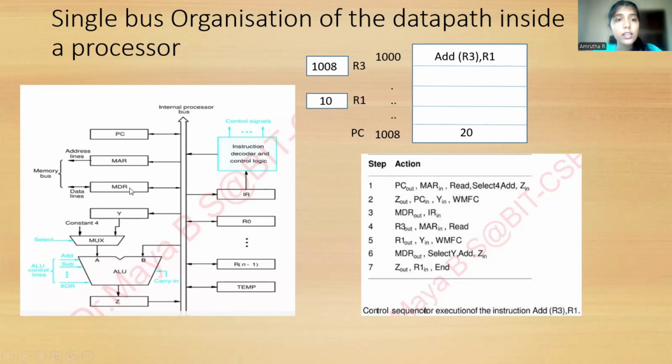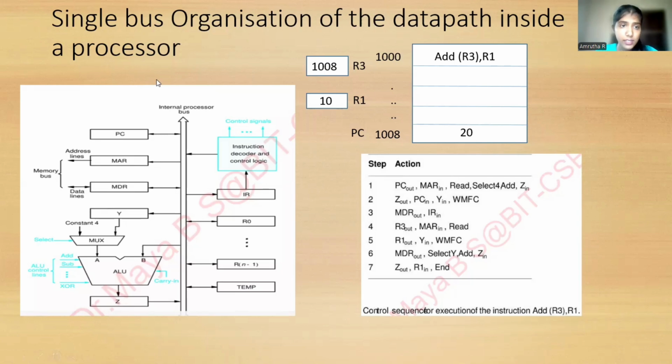Now this memory data register holds the particular data which is present in this address. And then this data is transferred into the instruction register. The contents of the MDR are then transferred to IR, which is the instruction register.